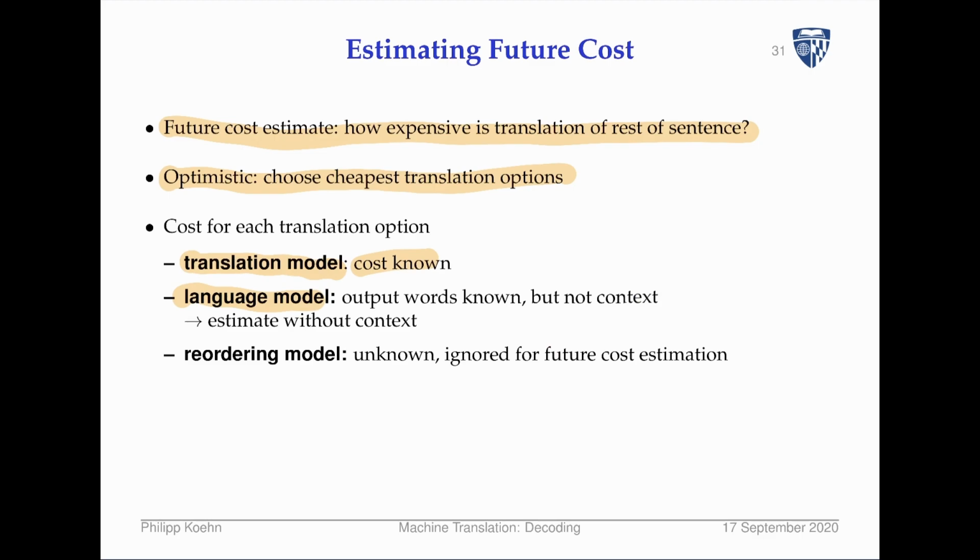There might be these really unusual output words, but there might be some context where they just fit in beautifully. We can't do that because that's only going to be revealed if we really put words together. So that's a more expensive estimation. Reordering model, we don't know how much reordering is going to be. We can ignore that. Maybe we know from the current hypothesis, if it has words out of sequence, we could factor that in somehow.